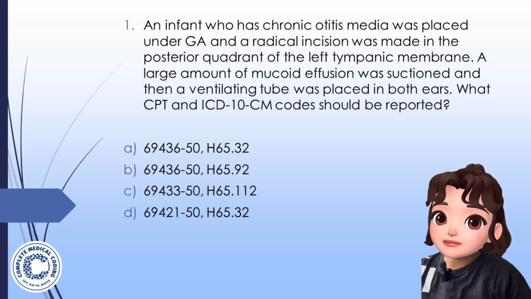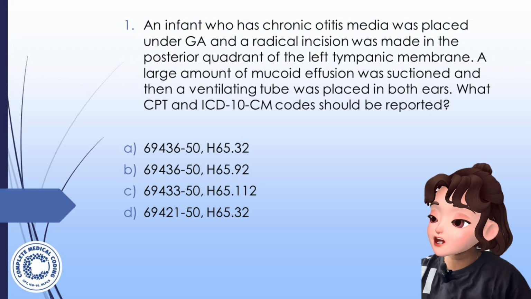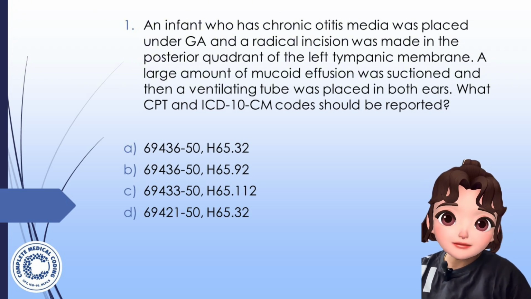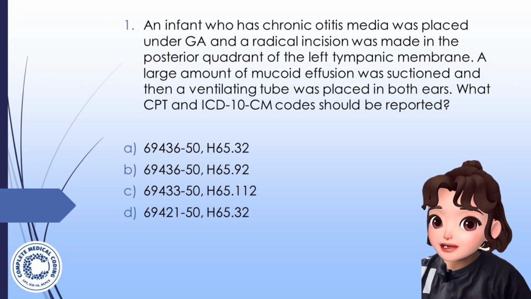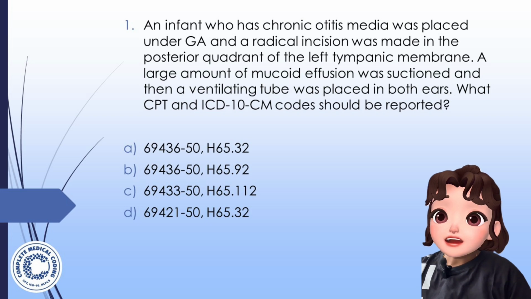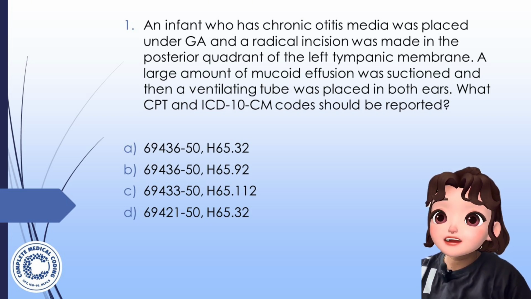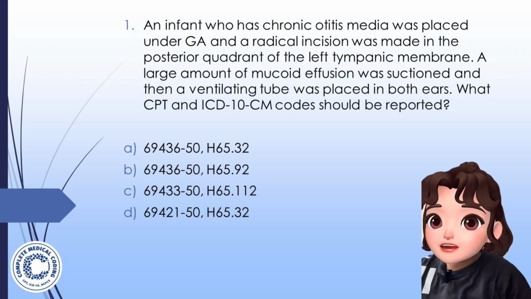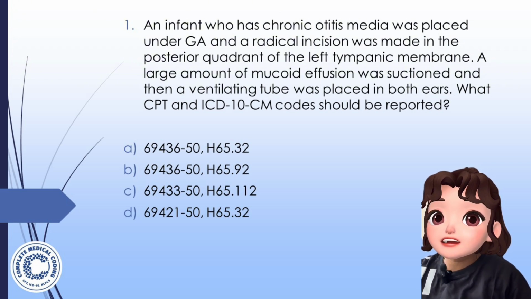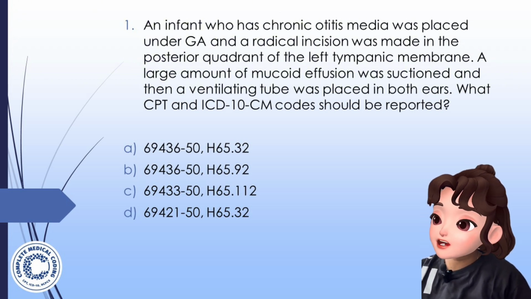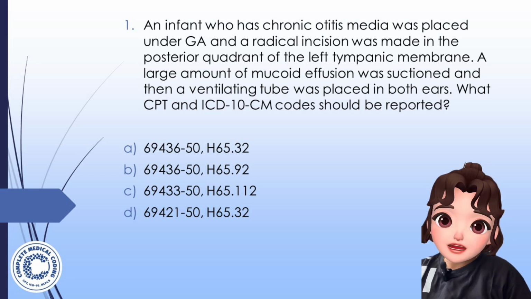And in the bracket it's mentioned there, for a bilateral procedure report with modifier 50. So this is our procedure, right? Tympanostomy: an incision was made in the left tympanic membrane, a large amount of mucoid effusion was suctioned and a ventilating tube was placed. That's also mentioned here, insertion of ventilating tube.